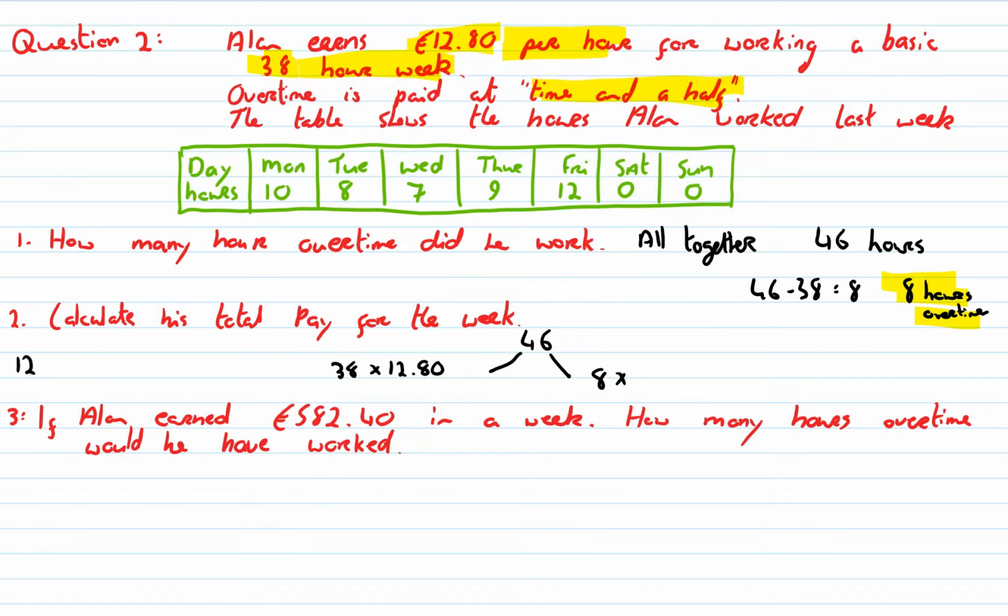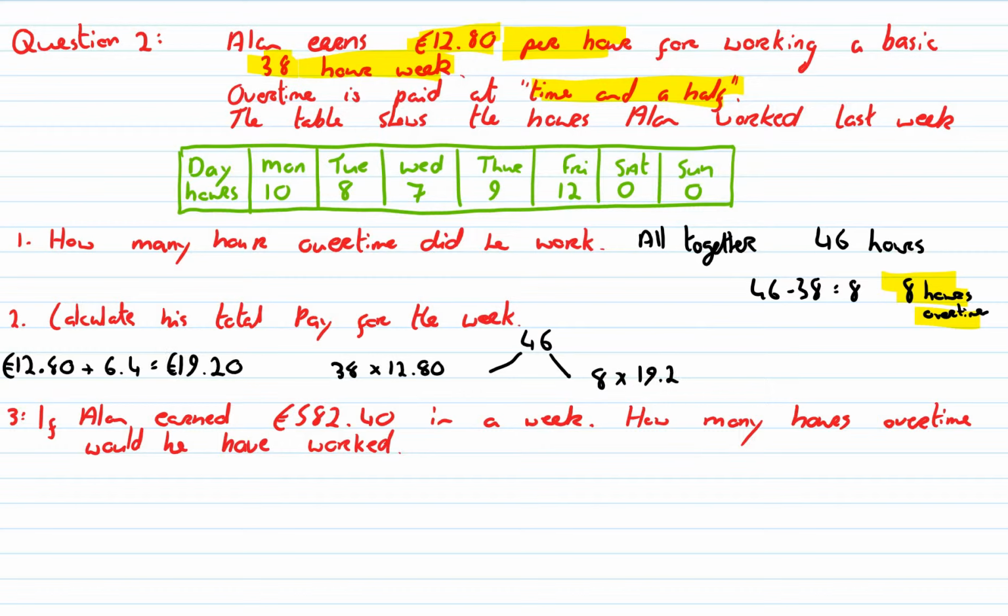So he has his normal time, which is 12.80, plus half that. So 12.80 divided by 2, and we get 6.40. So 12.80 plus 6.40 equals 19.20. So that's what his overtime is, 19.20 per hour.